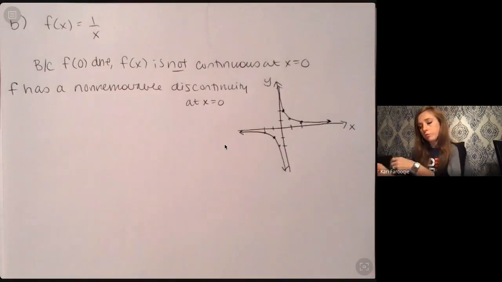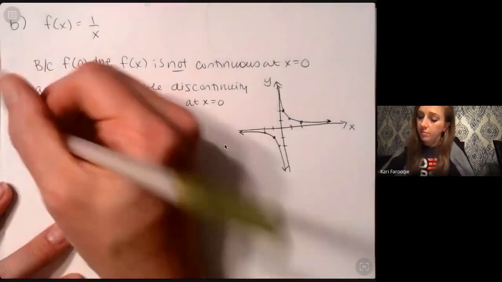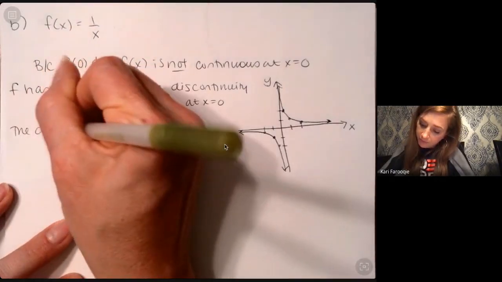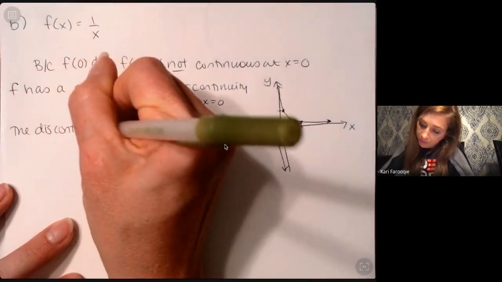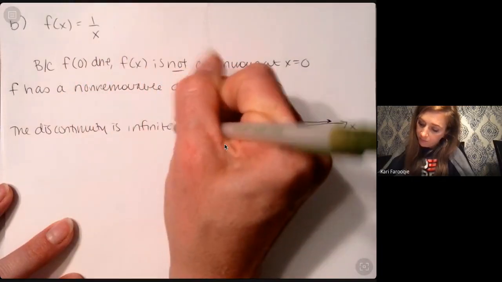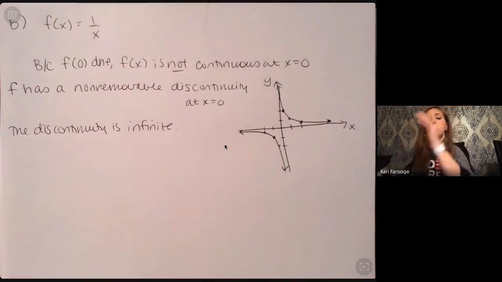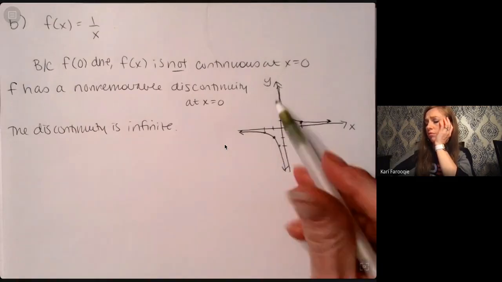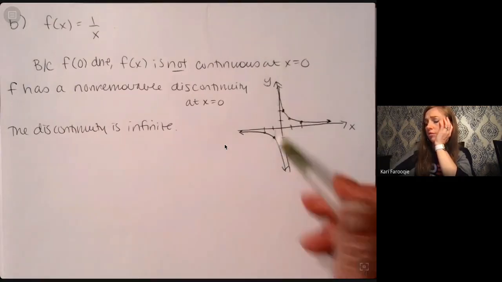We also would say that in this situation, the discontinuity is infinite. Usually an infinite discontinuity is going to occur when you have this asymptotic behavior. Clearly you have this vertical asymptote at x equals 0.